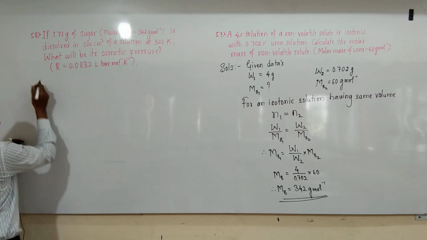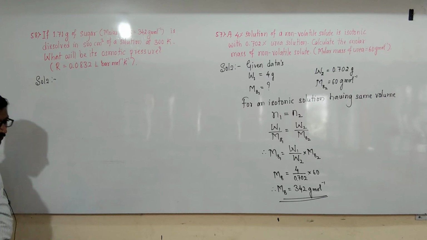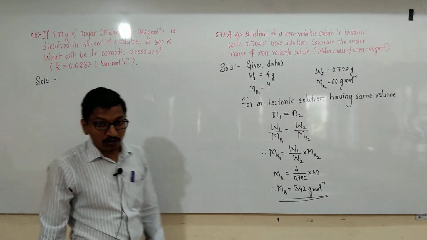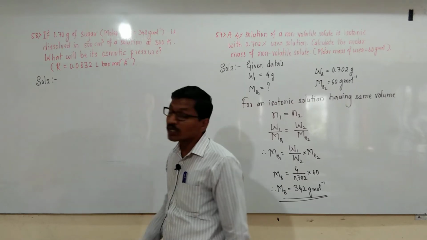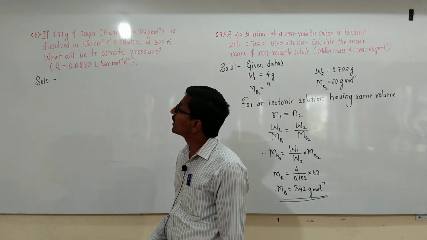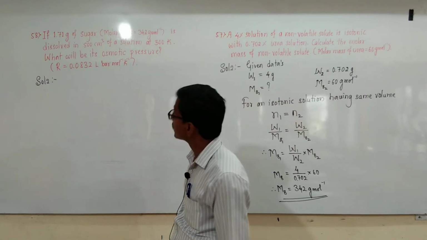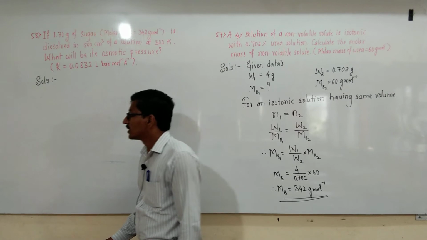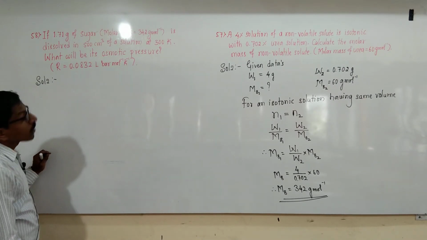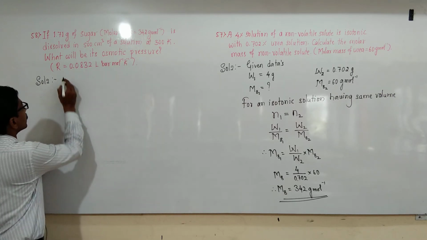Here we already solved this type of solution problem. Here, weight of solute sugar is given, that is 1.71 gram of sugar is dissolved in 500 cm cube of solution at 300 Kelvin, and molar mass of sugar is also given, that is 342.